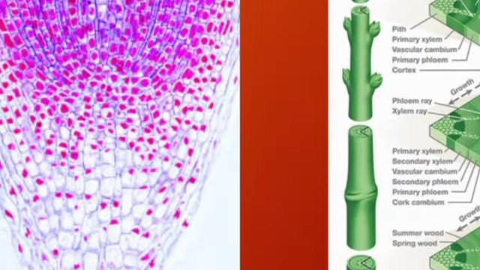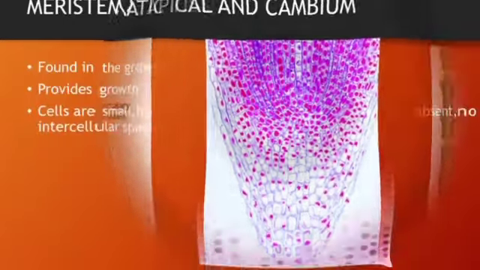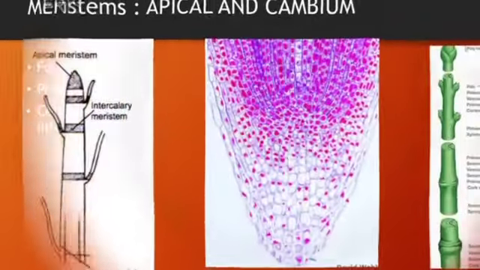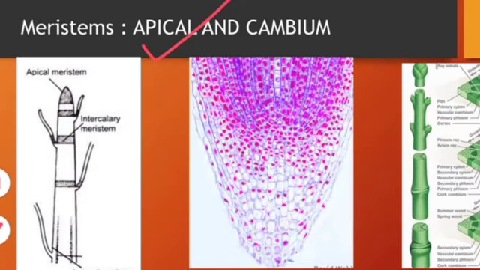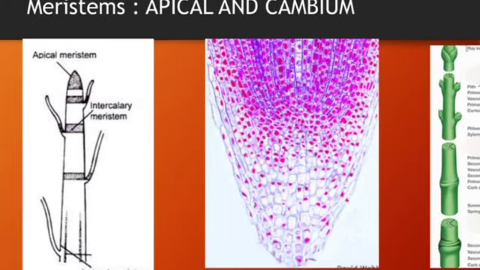Hence these two give examples of apical meristem and cambium meristem. Apical meristem is present at the tip of the root and shoot system. Cambium meristem is present just below the tissues, in the cambium region, and that gives thickness to the plant.